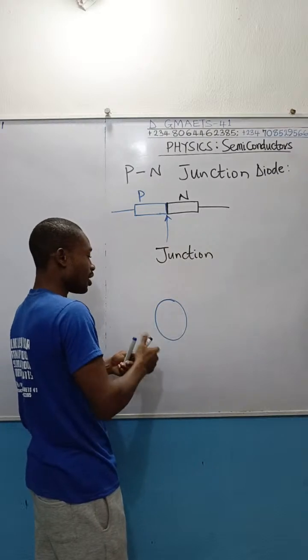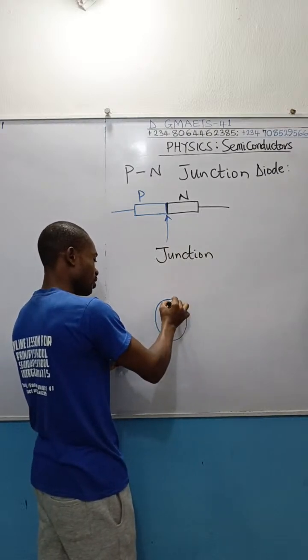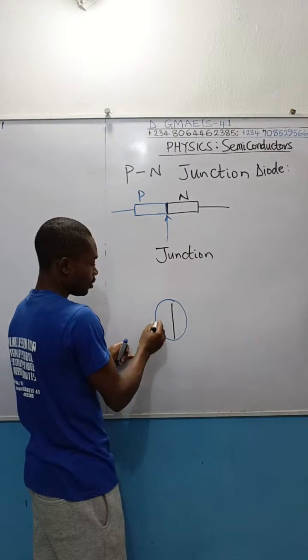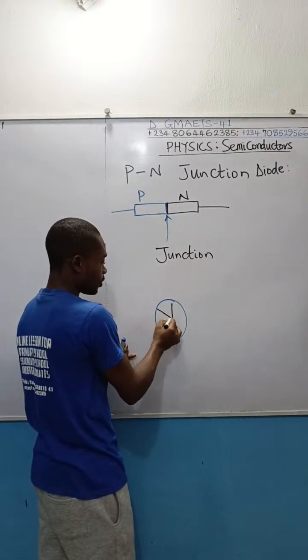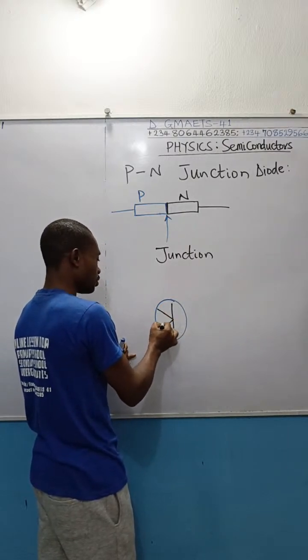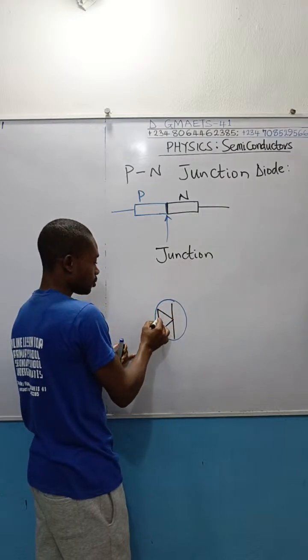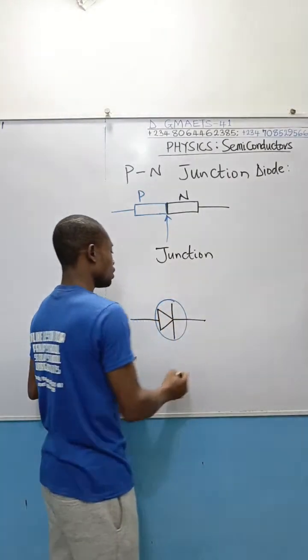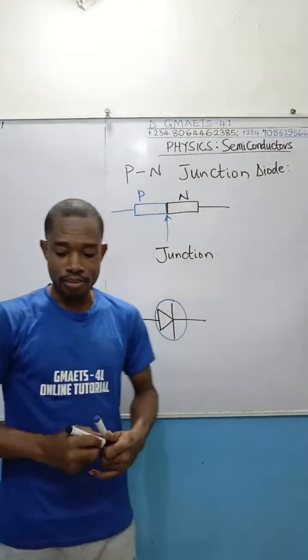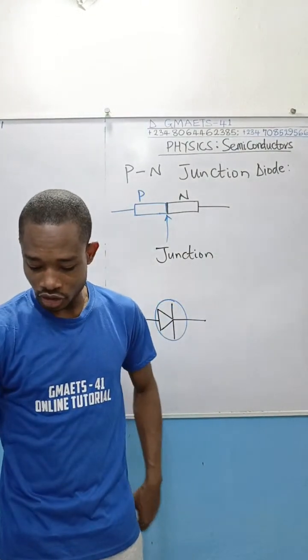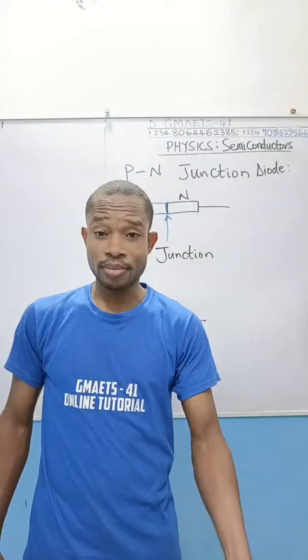So if you see this diagram, it represents a P-N junction. That's the symbol.